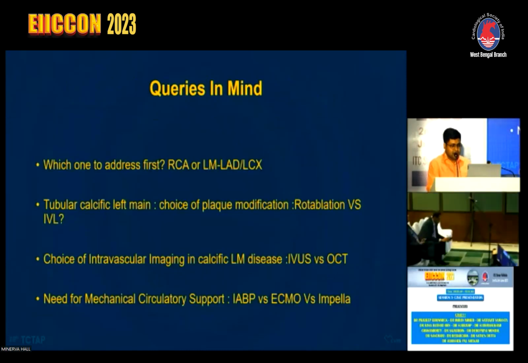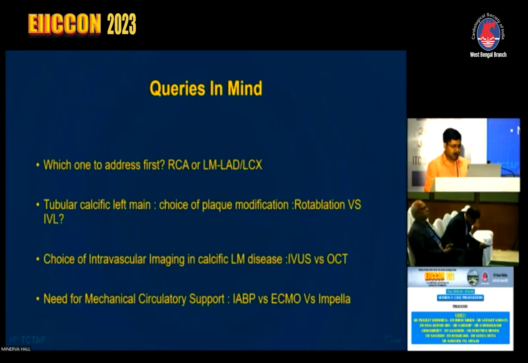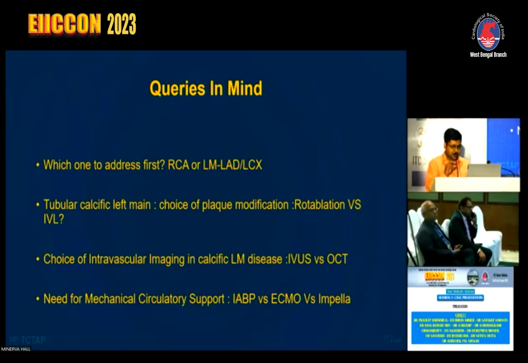So before starting, we had these queries in our mind: which vessel to do first, whether it is RCA or left main LAD and LCX; what to do about the calcific left main; what are our choices of plaque modification, whether it is ROTA or IVL; and in intravascular imaging, which we would prefer, IVUS or OCT.